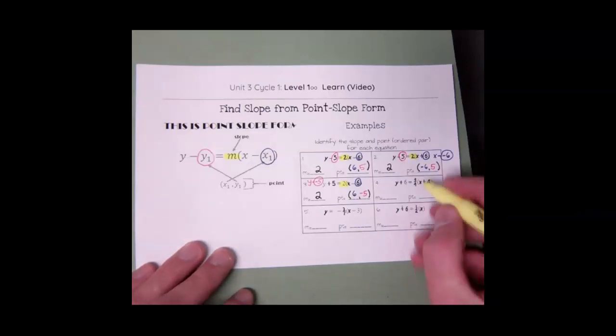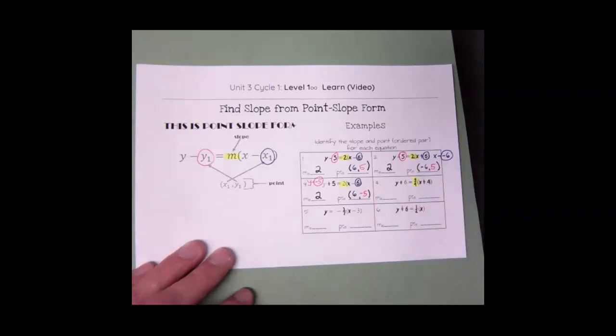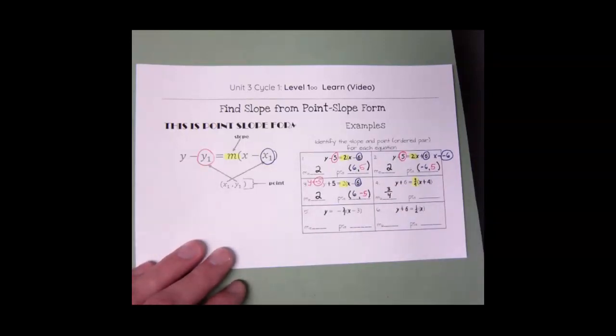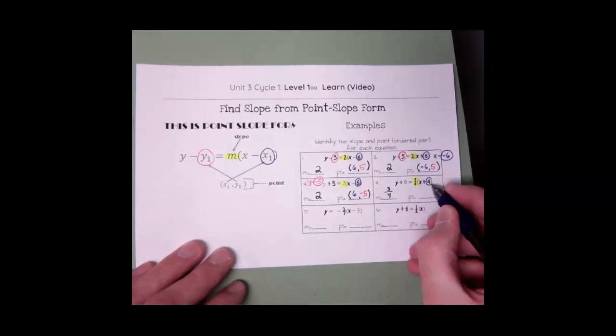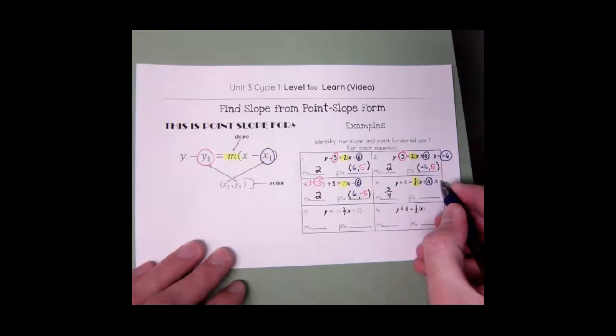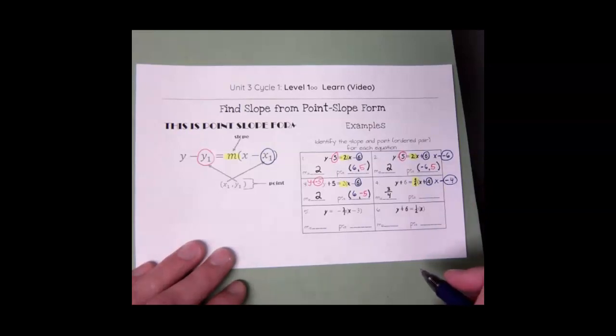Okay, so let's take a look at this one. Again, our slope is what's in front of the x plus 4. So my slope this time would be 3 over 4. My x value is what is in the parentheses, so 4. But remember, just like up here, I need to make sure it's x minus negative 4. So this is truly my value.